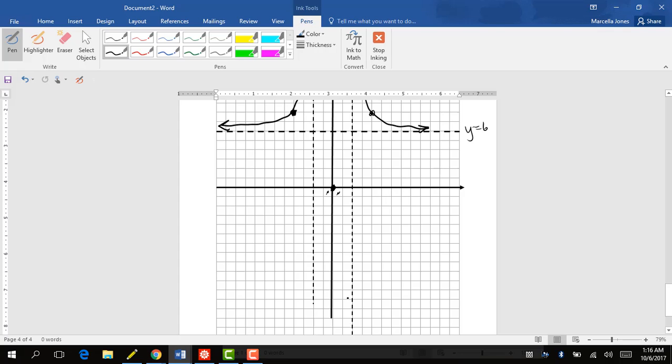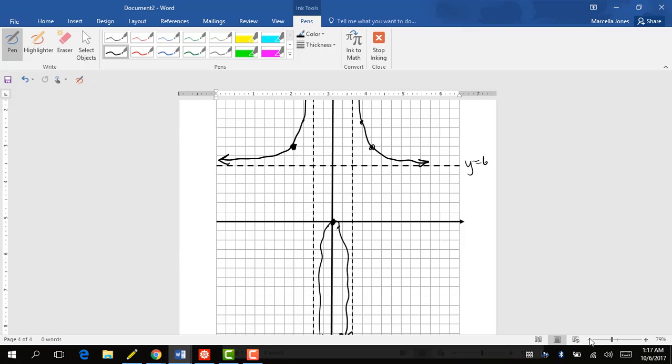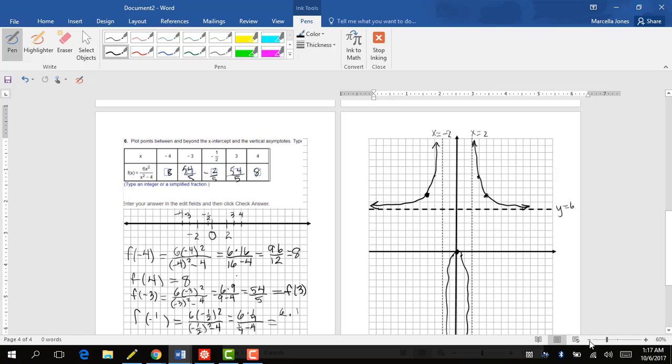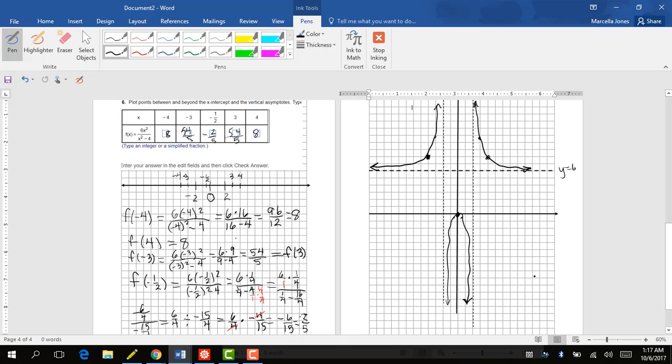And again, the asymptotes are going to guide me, as well as these 3 points, the x-intercept, which is also the y-intercept, and these points when x is -1/2 and 1/2. And that value came from the table. So one branch is going to look like this. And this is rough. I'm having a hard time keeping the electronic pen straight, but that would be a smooth curve. It wouldn't have those wiggles in it. And I'll zoom out a little bit. So that's what the graph of this is going to look something like.